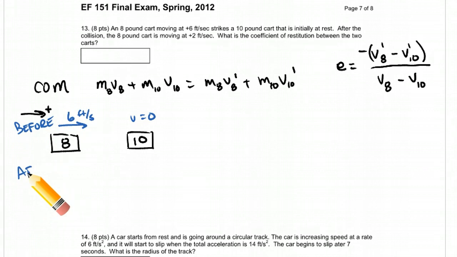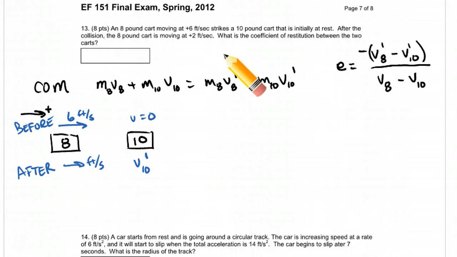And then afterwards, given some information, the 8-pound cart is moving at 2 feet per second. Obviously the 10-pound cart, unless they stick, is moving. We don't know that value, so there's one value we don't know. Another value, since we have two equations, is this e value that we're going to find.